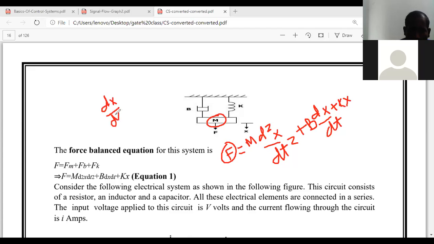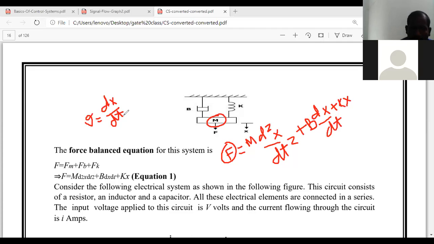This is a displacement derivative. It's nothing but velocity, in a mechanical system. Rate of change of displacement with respect to time is nothing but velocity, right?